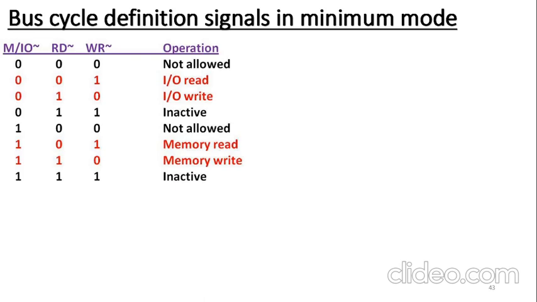Similarly, read bar and write bar both 1. That will define the inactive state of the microprocessor here. Because no read operation, no write operation. Okay, that's why only active states are represented here in the red color. And that will define the 4 basic bus cycles available in minimum mode operation here.